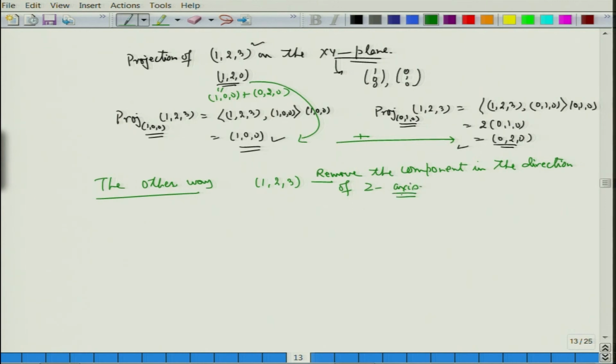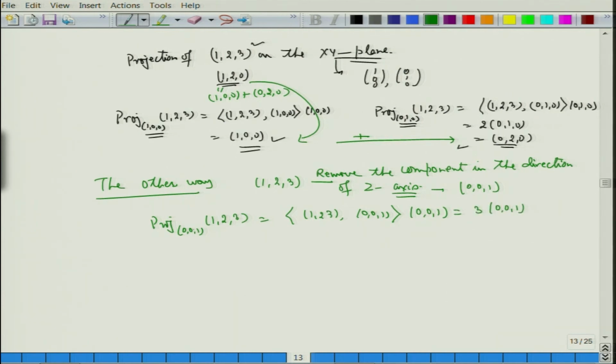Is that okay? So what is the component in the direction of z axis? The foot of the perpendicular on z. So what is z axis? Z axis is 0 0 1. So I have to look at projection of 1 2 3 on the vector 0 0 1. So this is nothing but 1 2 3 0 0 1. Again it is a unit vector, so it remains as it is. So it is same as 3 times 0 0 1.